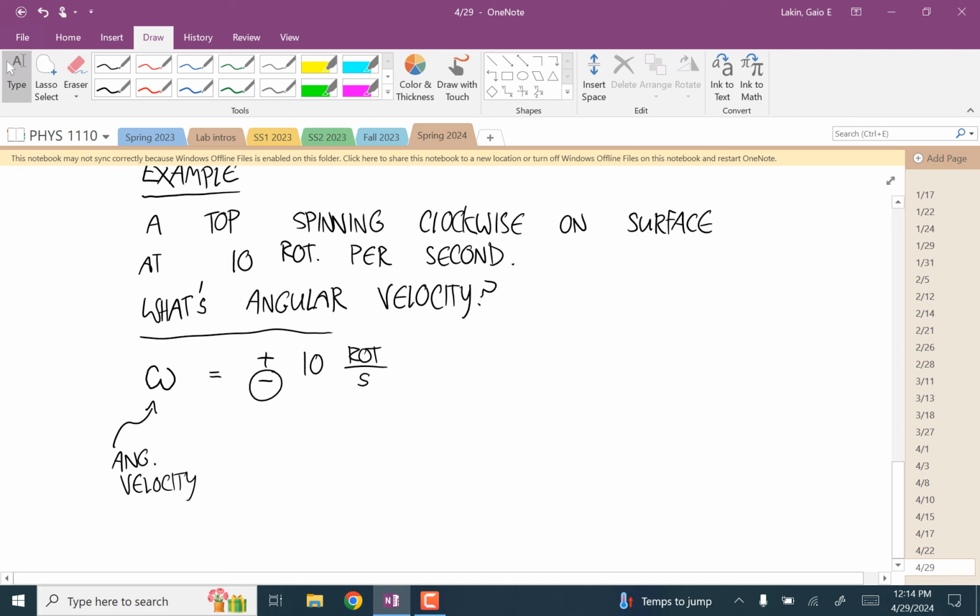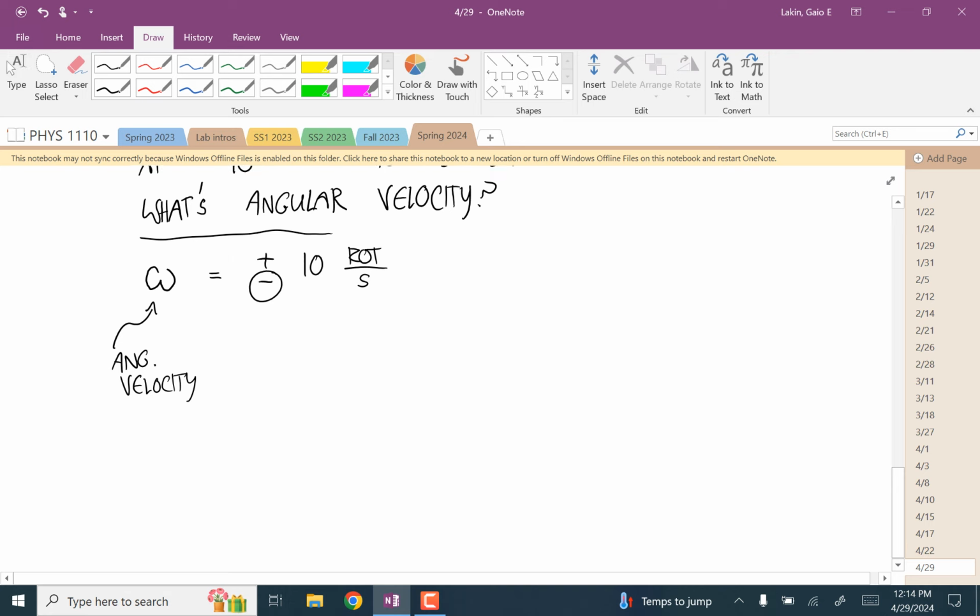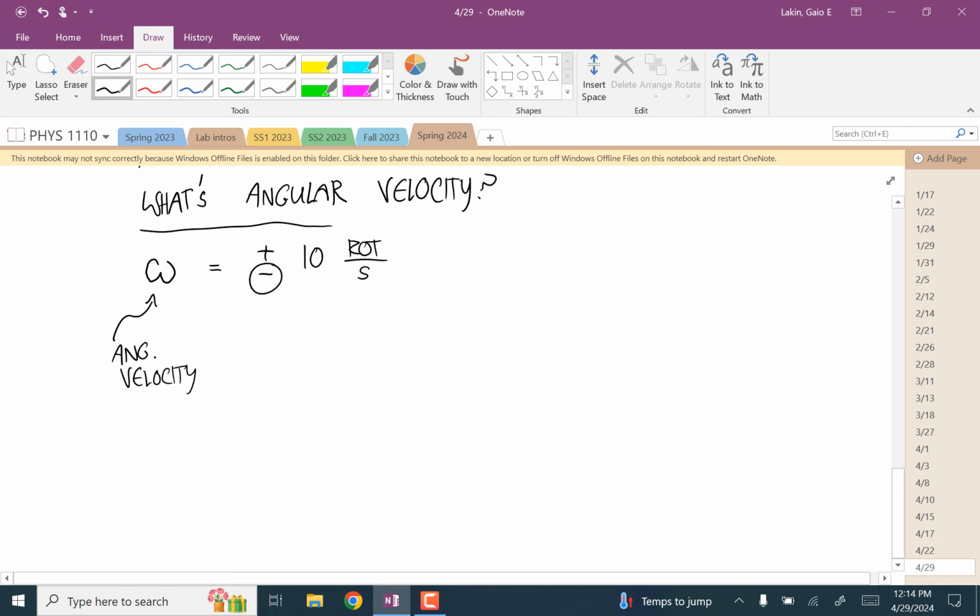And now we're going to convert this into radians per second. We have it in rotations per second. So now we're going to go negative 10 rotations over seconds. And one rotation is how many radians? 2 pi. So 2 pi radians is one rotation, and I'm doing this just like any other unit conversion.